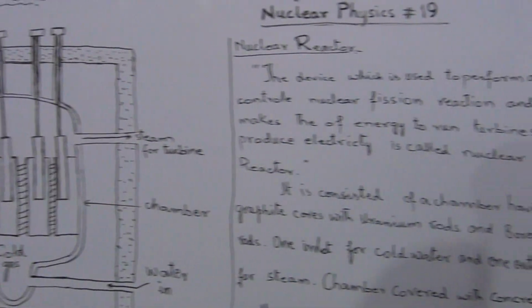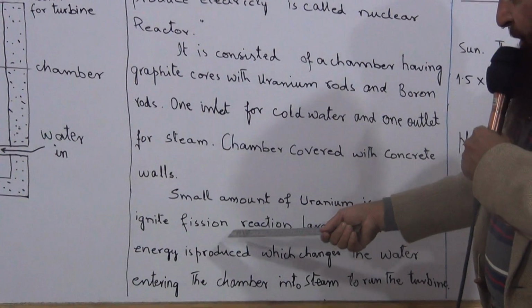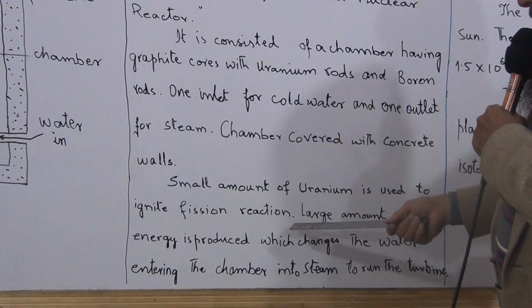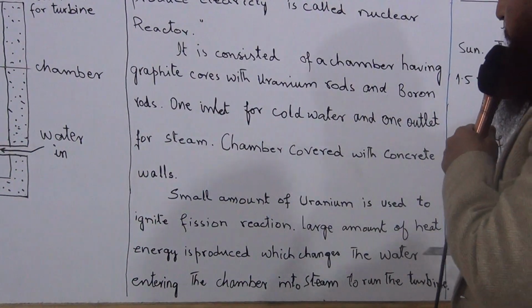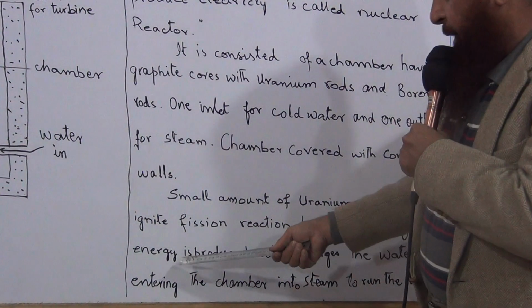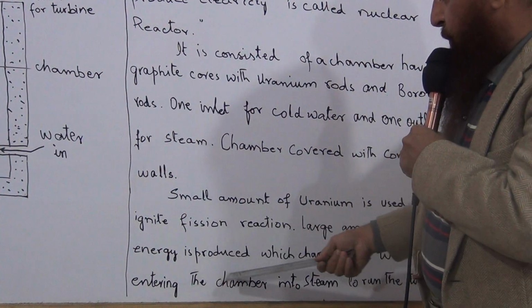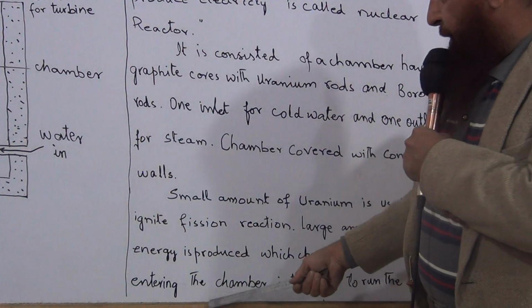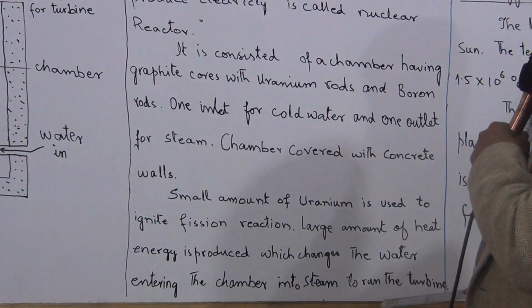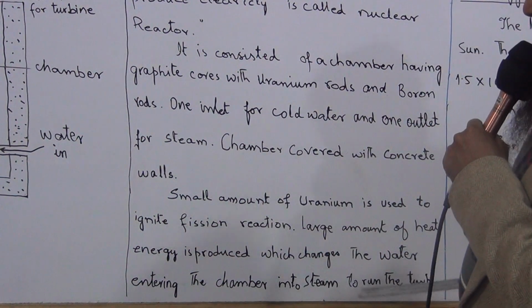A small amount of uranium is used to ignite, meaning to start the fission reaction. A large amount of energy in the form of heat is produced, which changes the water entering the chamber into steam to run the turbine.